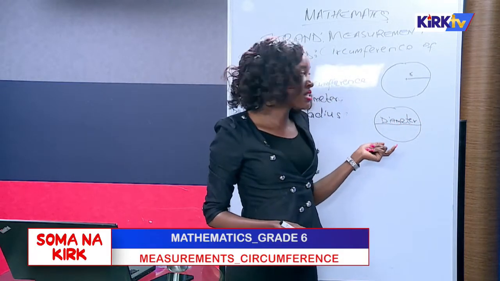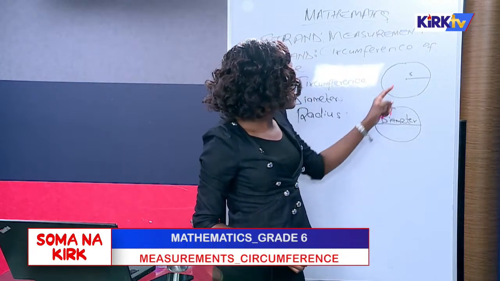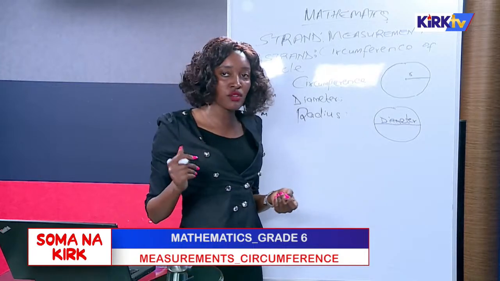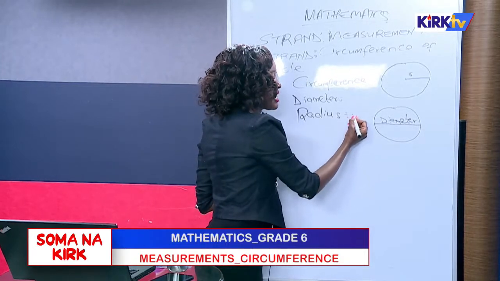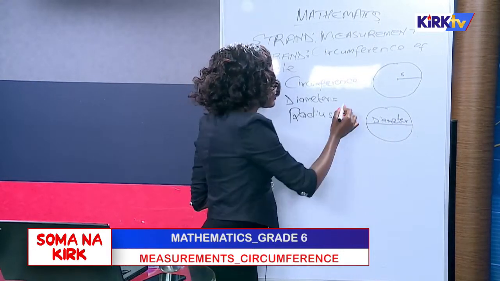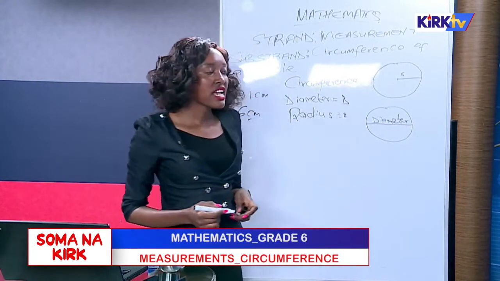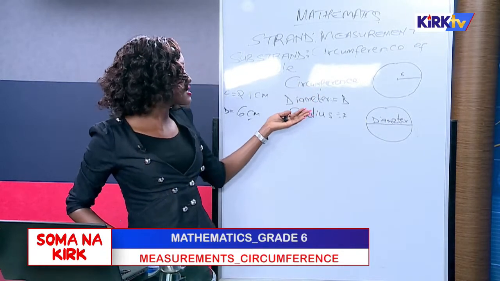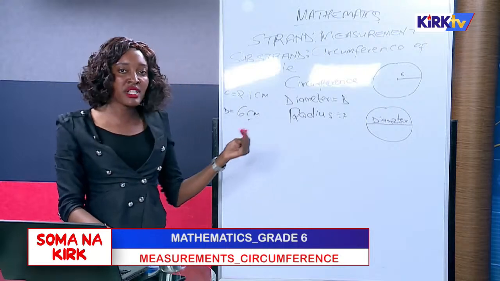Then here is our diameter, right? And when you want to represent radius and you don't want to write it in full, you just indicate R, and diameter you just indicate D. So having that, we now know what circumference means, what diameter means, and what radius means.